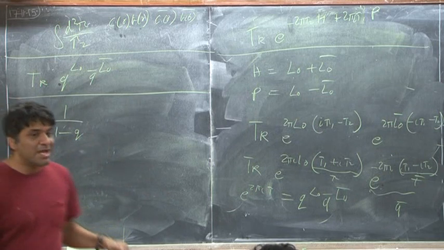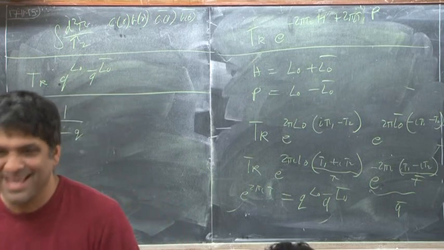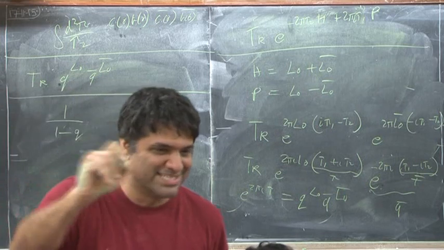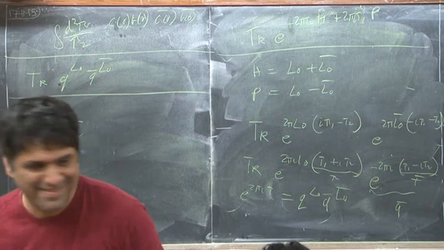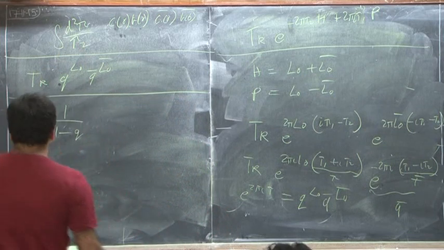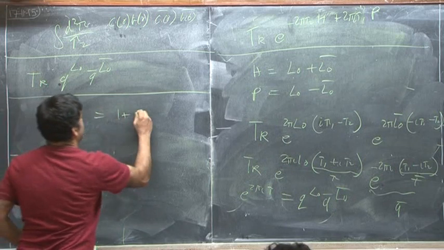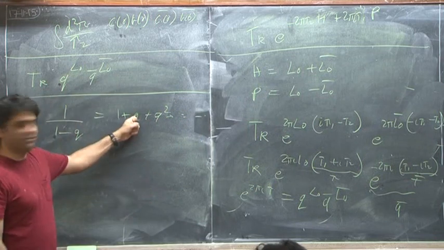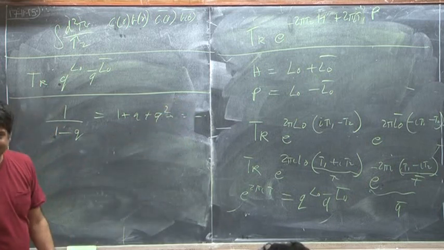Apart from zero point energies, which we deal with very carefully, the minus 1 by 24, we'll put that in right at the end. Apart from zero point energies, the vacuum, when you expand this, is 1 plus q plus q squared and so on. This is the contribution of one excitation of the oscillator, two excitations, and so on.